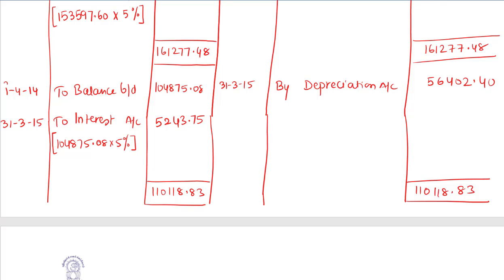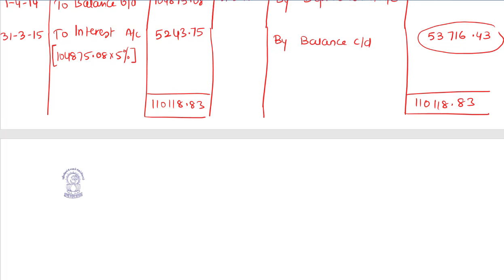On 31st March 2015, what would be the closing balance? So by balance carried down 53,716.43.